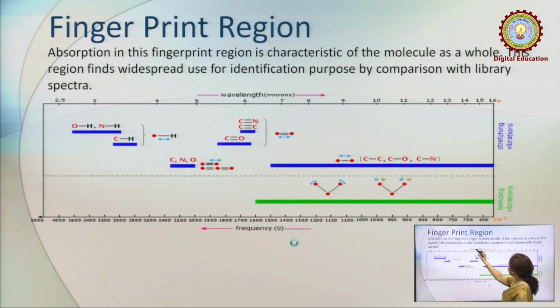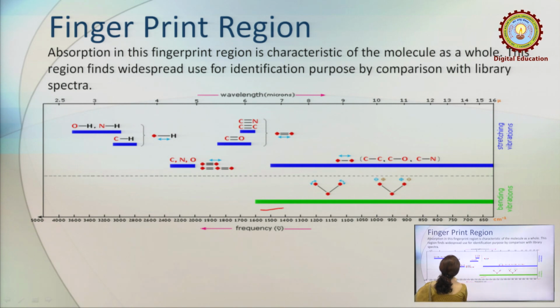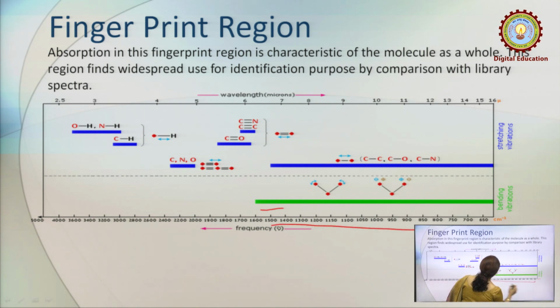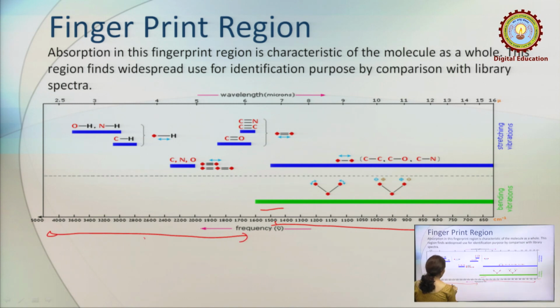This is the fingerprint region and this is the functional group region. The IR spectrum is divided into two regions, the fingerprint region and the functional group region. So, this is the range for the fingerprint region and this is the range for the functional group region.